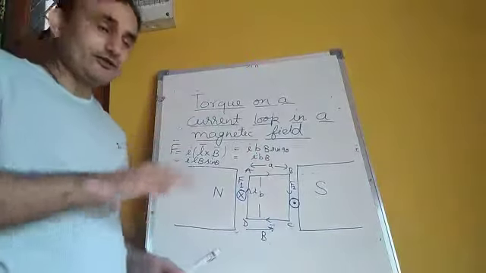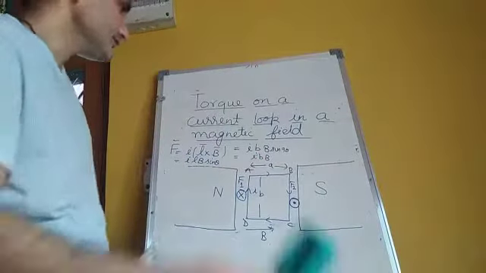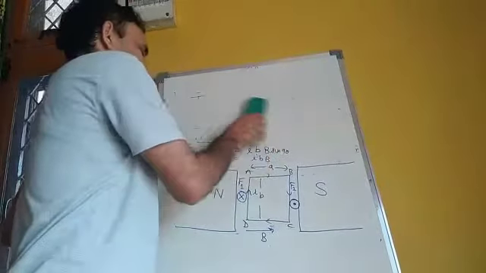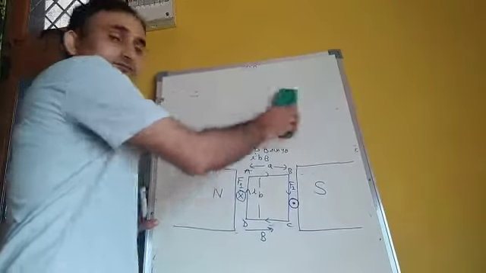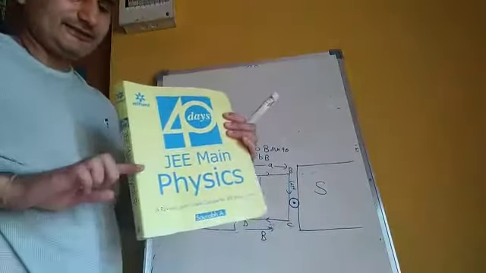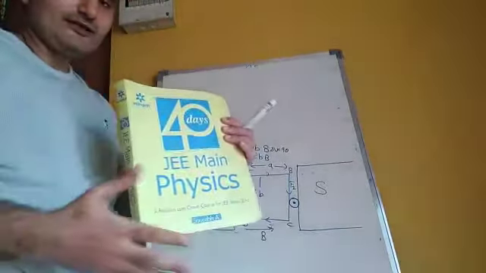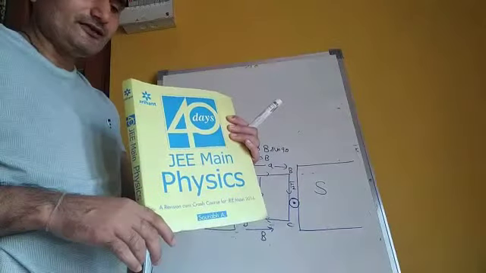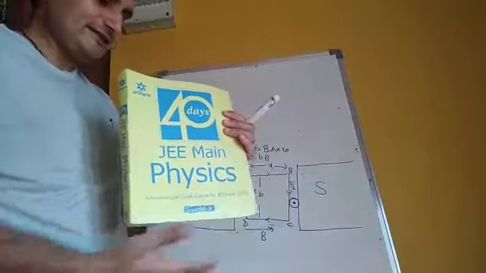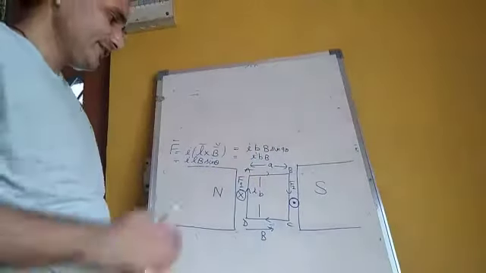Now we need the torque of this force. So let me erase this. Now this situation, this is the magnetic field and this is our coil and they have some angle. So we are viewing this from the bottom. So this is our CD side. So I am making the figure here.